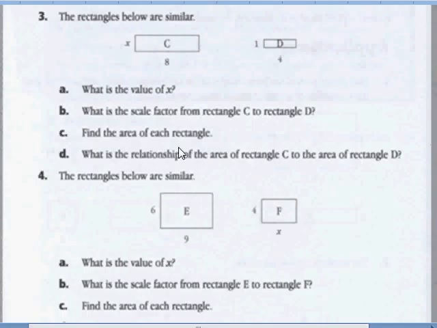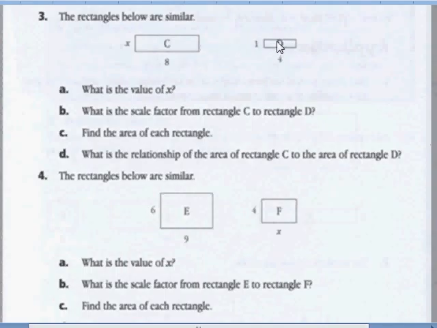Alright, D is saying, what is the relationship of the area of rectangle C to the area of rectangle D? Alright, so as B asked us up here, it said, what is the scale factor from C to D? And we said the scale factor from C to D is 1/2. And when you square the scale factor, 1/2 squared is 1/4.